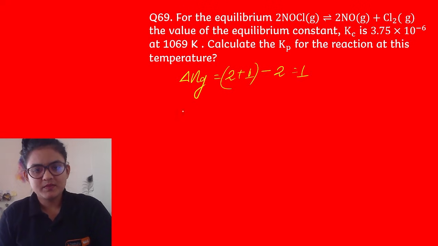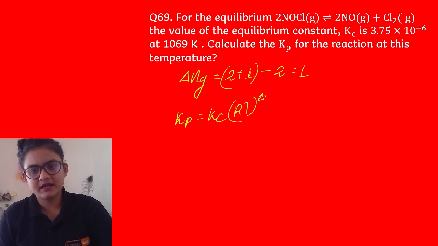Now Kp equals Kc into RT power delta ng, right? So let's put the values here. Kc is given as 3.75 into 10 power minus 6.